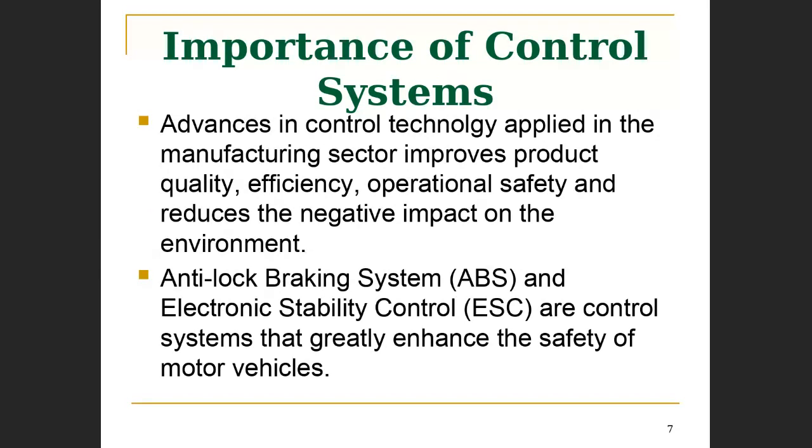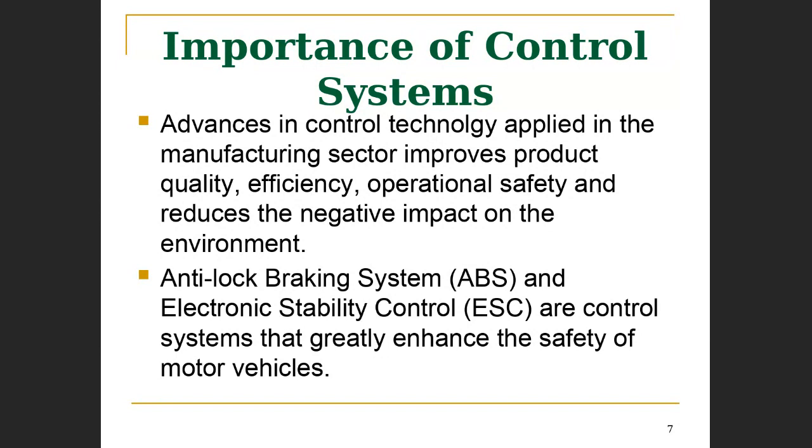So as it relates to the manufacturing sector, which I mentioned in the previous slide, here are some of the specific benefits within that area. In manufacturing, control system technology has resulted in improvement of product quality. Yes, improvement in efficiency, that is how we convert raw material into the final product.